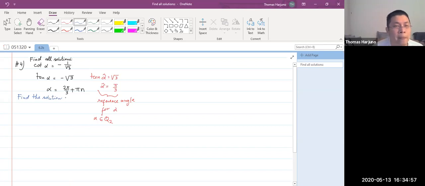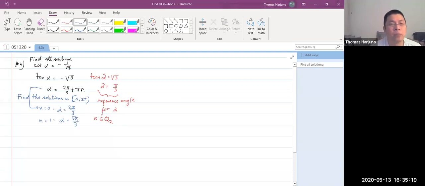Then we continue from the general solution. When n equals 0, what happened to alpha? When n equals 1, what happened to alpha? When n equals 1, I think we'll get 5 pi over 3.